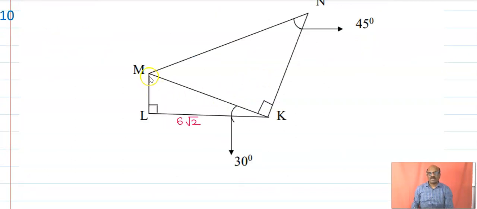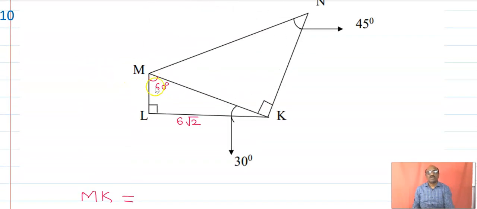Now in triangle MLK, what is here? The measure of angle MKL is a 30 degree, and this will be the 60 degree. Okay. Now we know the side opposite to angle 60 degree. Then we can find out the MK.